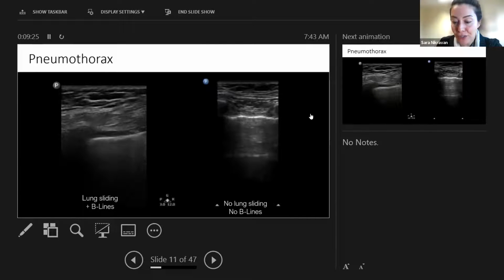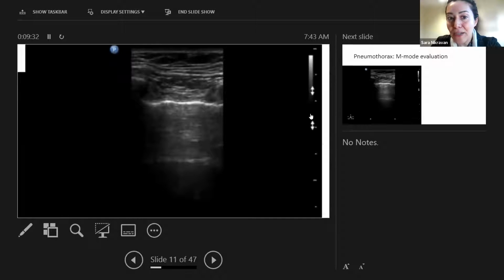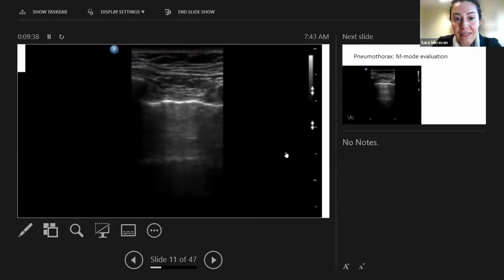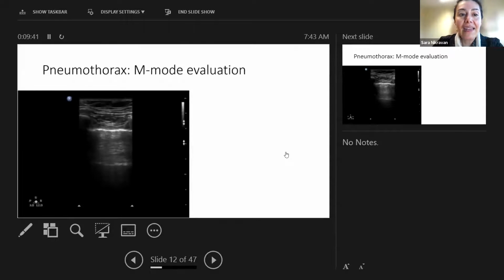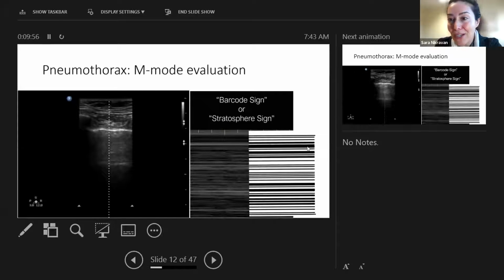I'm just going to take that away so you can focus on it, and make it a little bit bigger so you can see that there really is no lung sliding here. Now, if you were to do the same thing as before, which is put M mode over the pleural line and evaluate whether there was visible motion, instead of that sandy beach you would get this thing that we call the barcode sign.